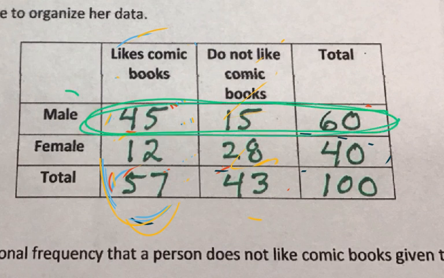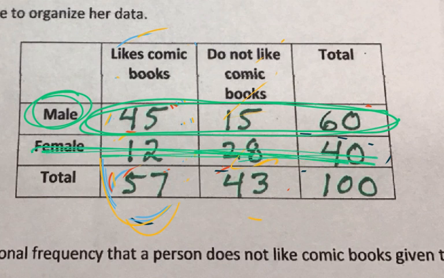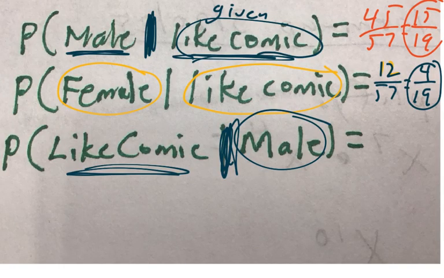You see, I know they are a male. We're not worrying about the 40 females. We're down to 60, in other words, that are male. We are told they are a male. Okay? Now, what are the ones that like comic books? The 45 out of 60. So 45 like comic books out of 60 that were male.